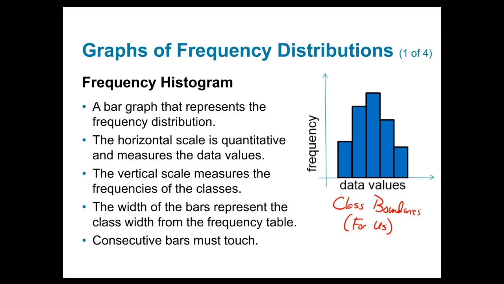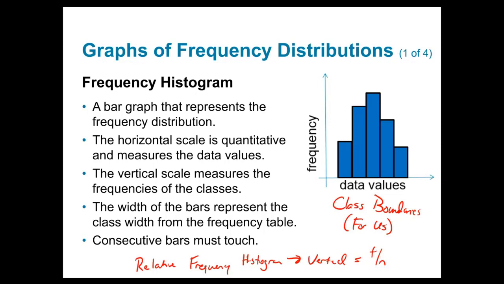And your vertical scale is going to represent frequencies or relative frequencies. So on a frequency histogram, it's just the frequencies. If I say a relative frequency histogram, it's the relative frequencies. So that's the only difference between a frequency histogram and a relative frequency histogram, is what goes on the vertical axis.